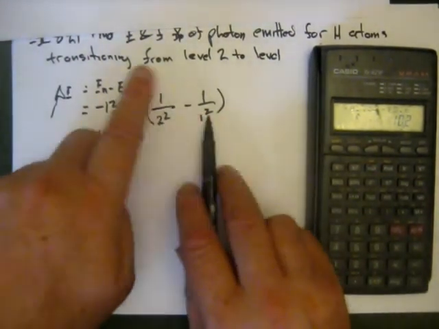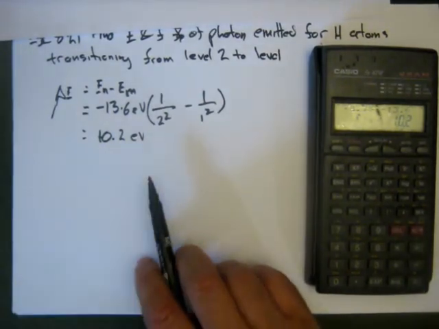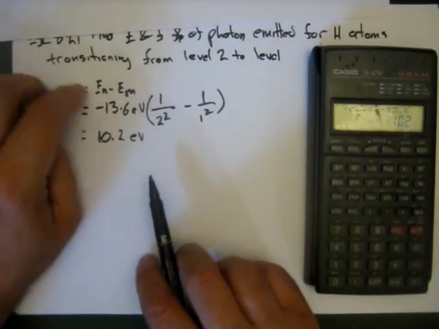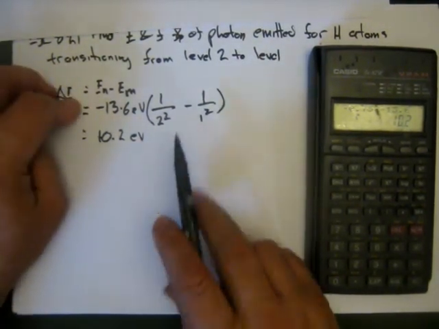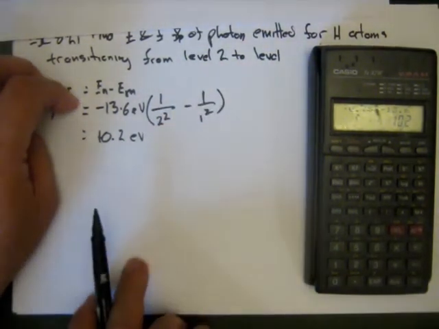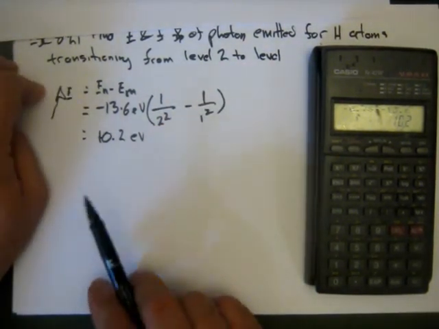Don't worry if you get these around the wrong way, all that's going to happen is the sign is going to be wrong. But in this case, it drops from there, so we're emitting 10.2 electron volts, so it's going to be positive.